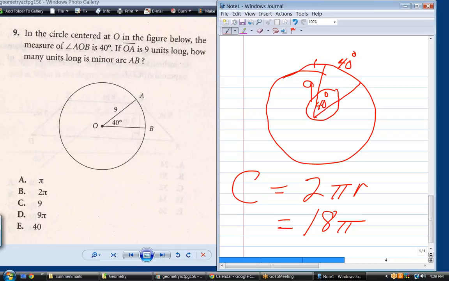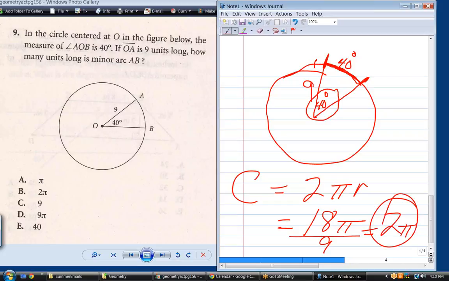How much? All the way around is 360 degrees. So what part is 40 degrees? 1/9. 1/9, exactly. So the measurement of this piece of the arc from here to here, if that was a piece of string and you could straighten it out and you wanted to know how long it was, that's 1/9 of the circumference. Or in this case, 2 pi.